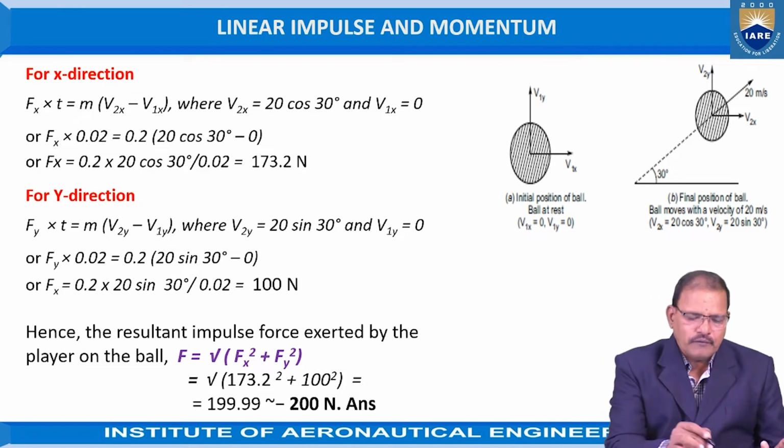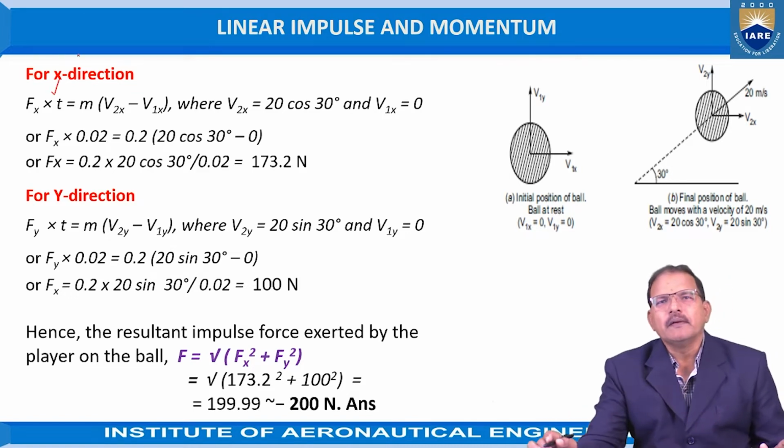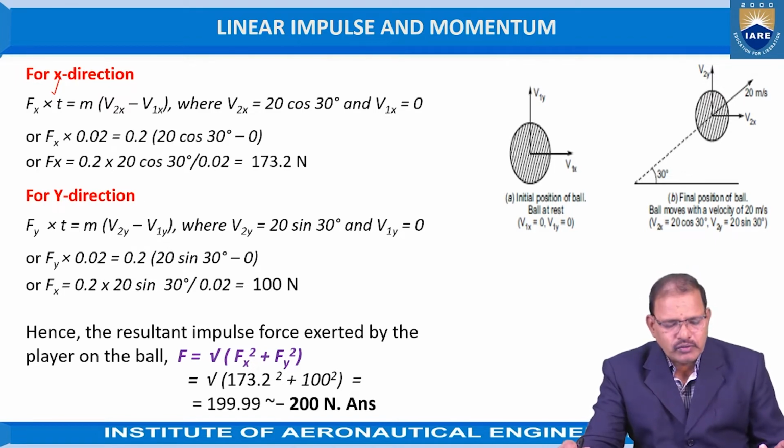That is, Fx into t, the component of force multiplied by the time, should be equal to the change in momentum along the x direction, which is equal to m into v2x minus v1x. v2x is representing the component of velocity along the x direction after collision, that is the final, and v1x is representing the x component velocity before the collision.